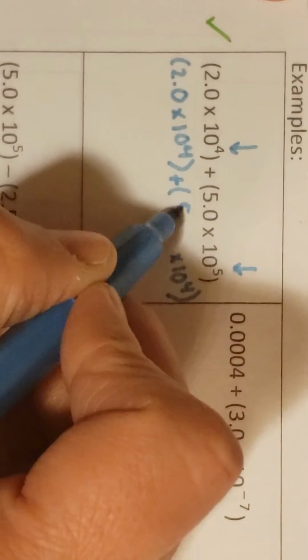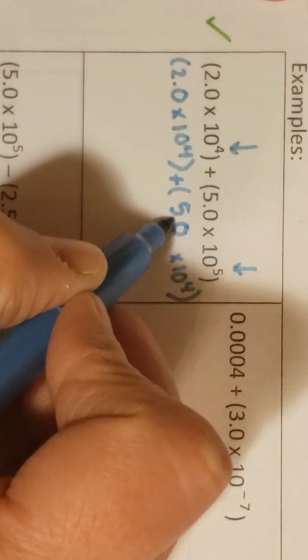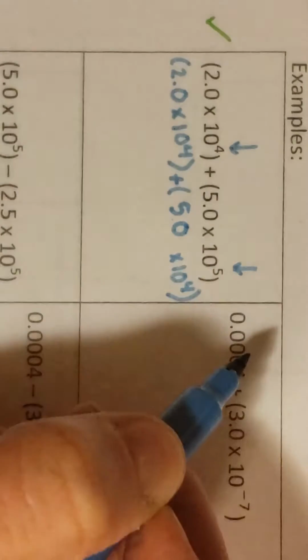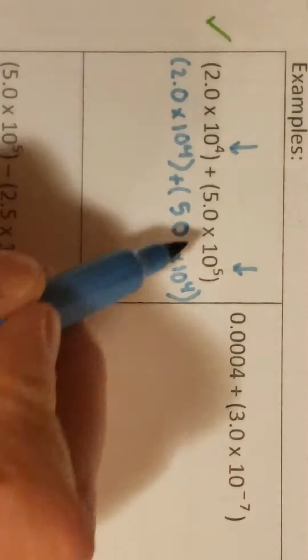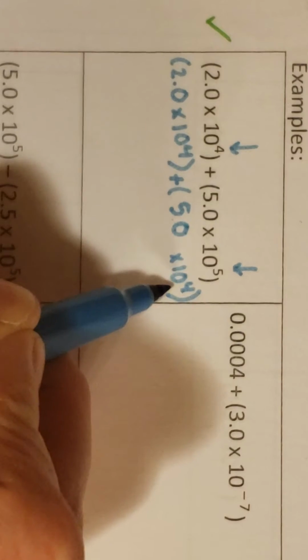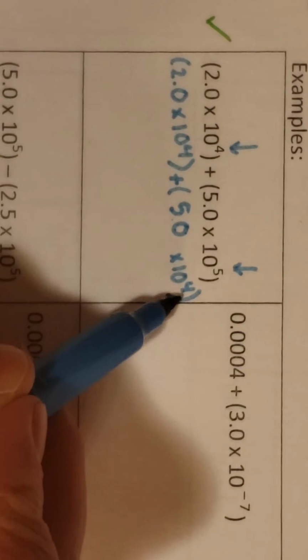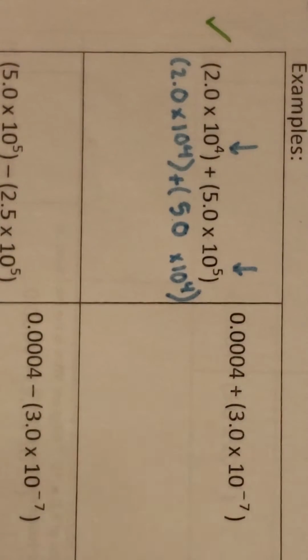So this was 5.0. If I increase 5.0 by 1 power of 10, 5 times 10 is 50. So this expression and this expression have the same value, just this one is a different form, so that I can combine it with the first part of the problem.